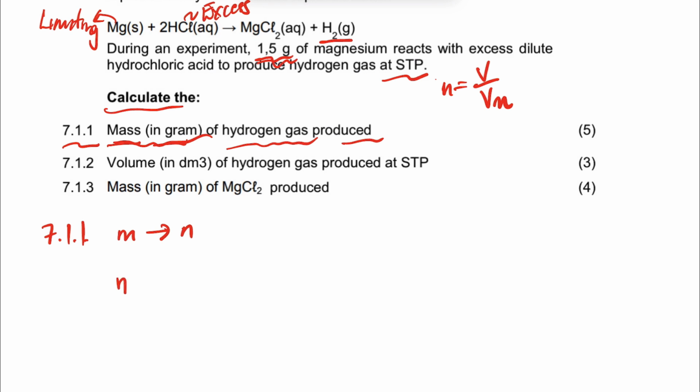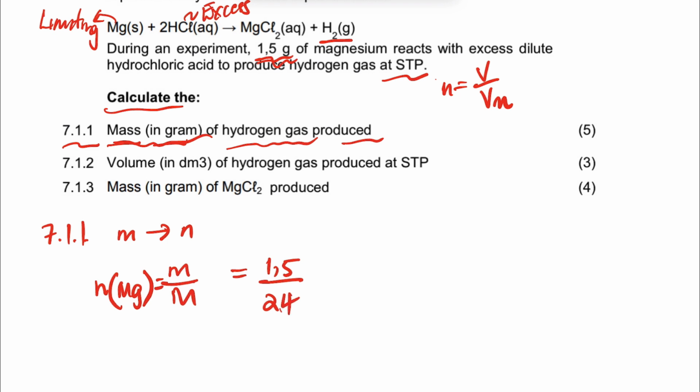So we use the formula that says number of moles is equal to mass over molar mass. The number of moles here is the number of moles of magnesium. Using the formula, it's going to be 1.5 divided by 24.